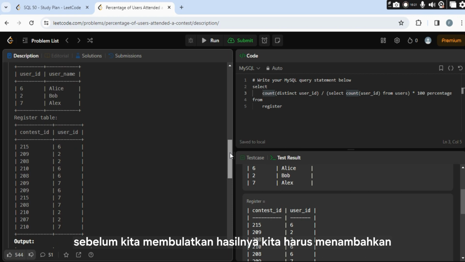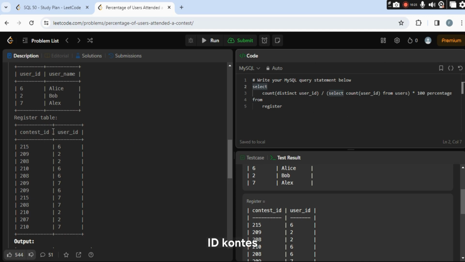Before we round the result, we have to add the contest ID.